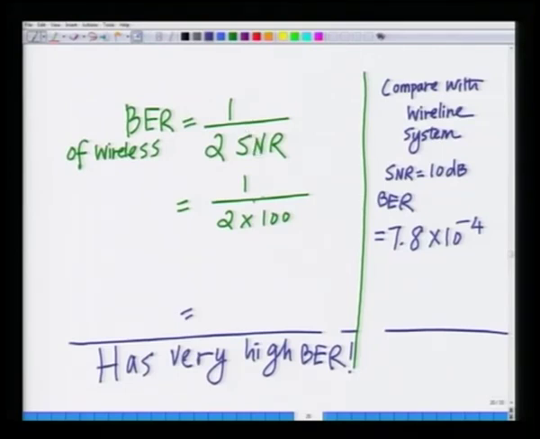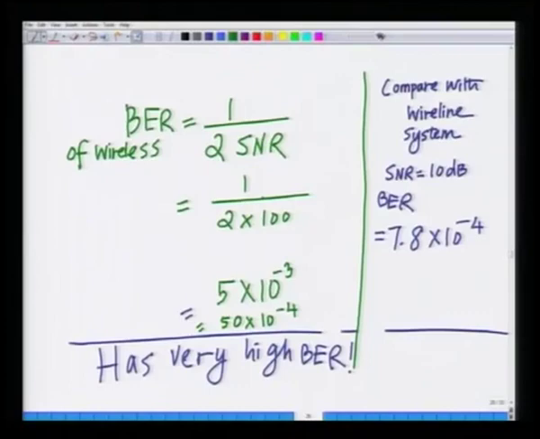So, the bit error rate is 1 over 2 times 100, which I said wrongly earlier as 0.5 into 10 power minus 3, but this is rather 5 into 10 power minus 3. I apologize for this typo in my earlier lecture. So, the bit error rate at SNR 20 dB is 5 into 10 power minus 3, which is 50 into 10 power minus 4.